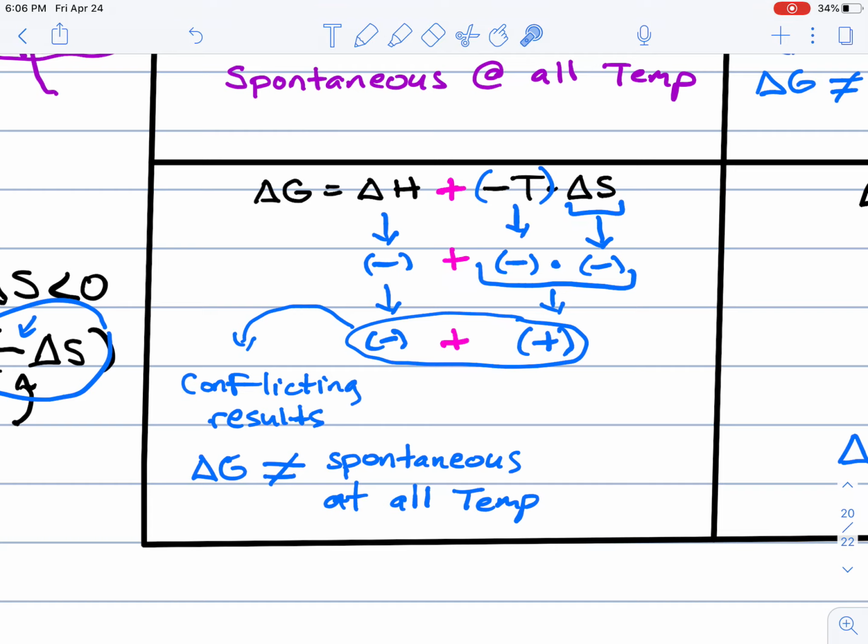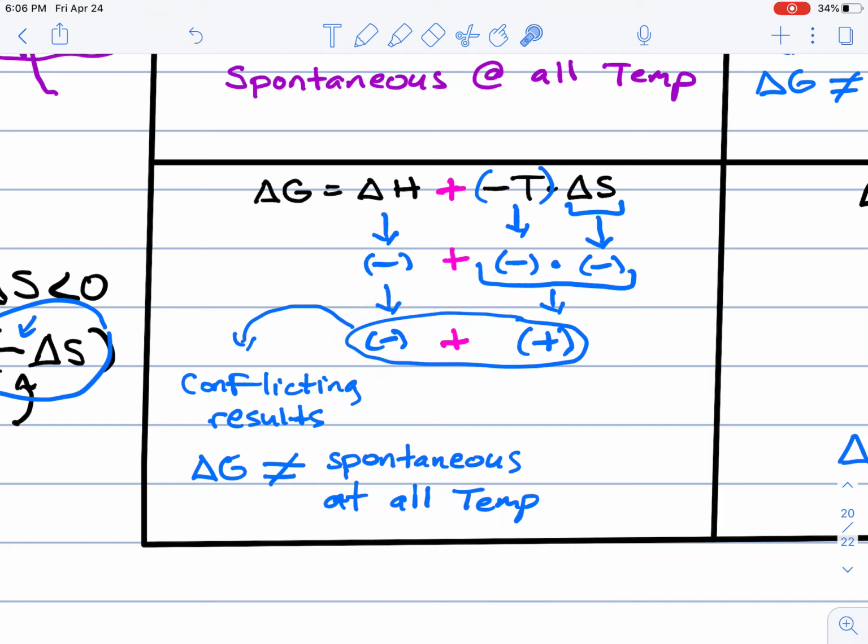And so if I wanted to make this reaction spontaneous, I want a higher negative value. So if I want the sign or the value of enthalpy to dominate, then this value must be a lot less. Does that make sense? So this positive value must be smaller than the negative value.